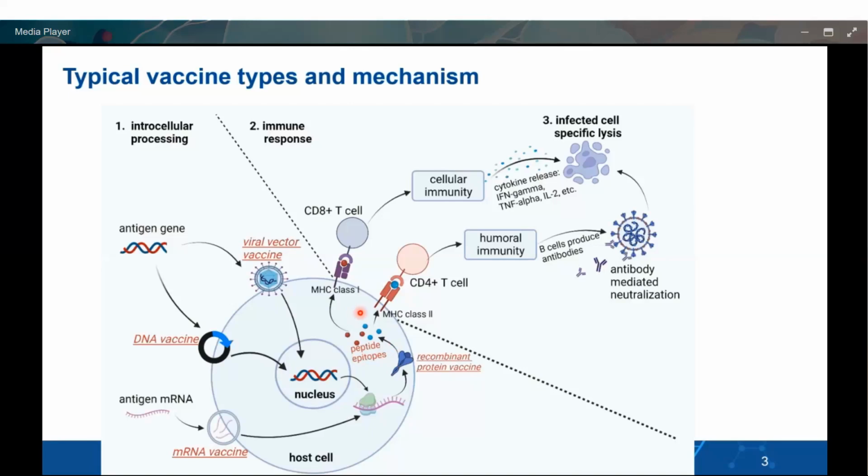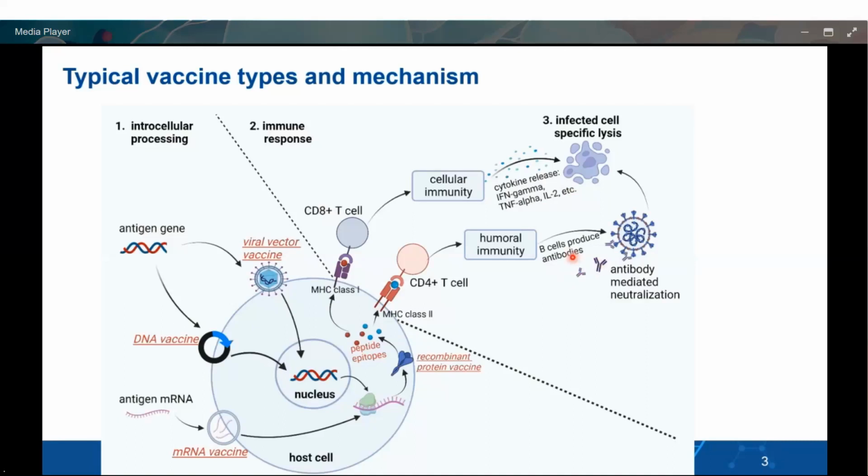The peptide is going to be used to stimulate the immune cells, so there's going to be an immune response, including cellular immunity, which means some cytokines will be released, and humoral immunity, so antibodies are going to be produced.